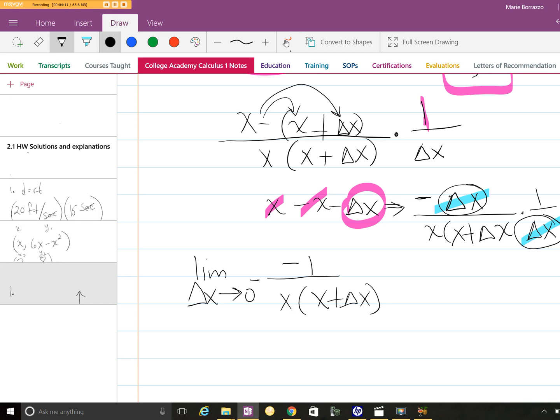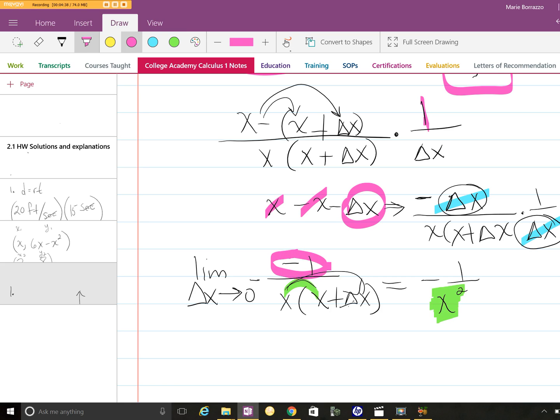And so if we were to distribute this x, now remember that we're going to substitute in a 0 here, we end up with negative 1 over x squared. Okay, and just for the sake of going through the steps, x times x is what gives us the x squared. The negative 1 is this part of the equation.